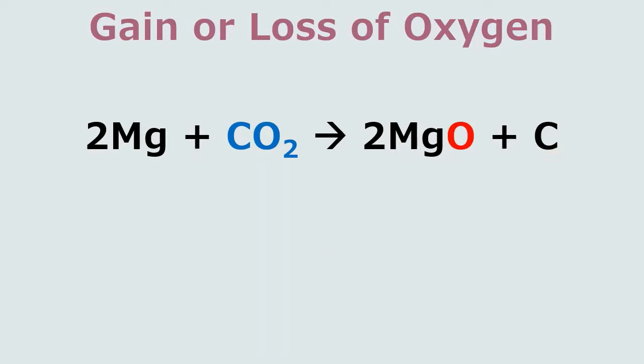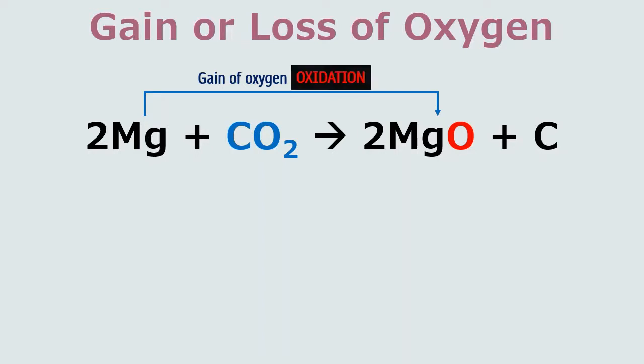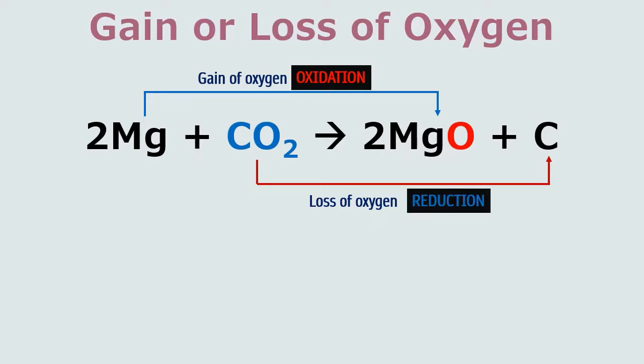It is said that magnesium gains oxygen and undergoes oxidation, while carbon dioxide loses the oxygen and undergoes reduction.